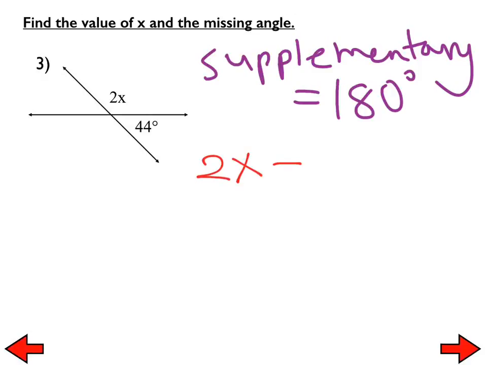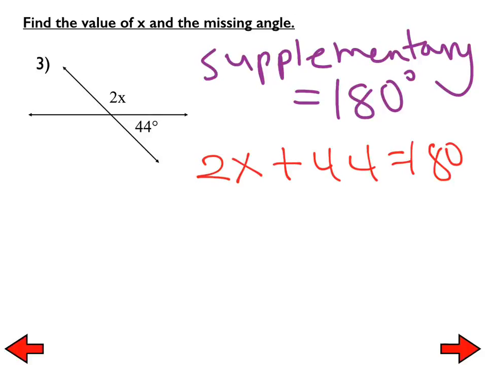2x plus 44 equals 180. Now some of you, I've been seeing you write 2x equals 44. You're going way too fast. That is not true. You just told me it's supplementary, which means equal 180. So your equation should have the 180 in it. If you wrote 2x equals 44 and you started solving for x, you totally forgot about the 180 part. What happened to it?